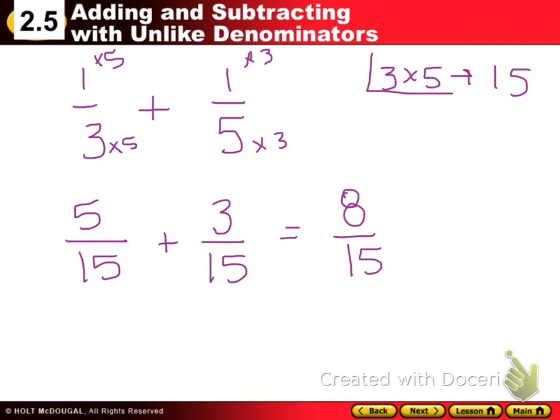Since we use the LCM, there's very rarely any need to reduce, but sometimes you can. In this case, we look at 8 and 15 and see if there are any common factors between them, and there's not. So we know that the fraction of the Earth's surface covered by both oceans is 8/15.